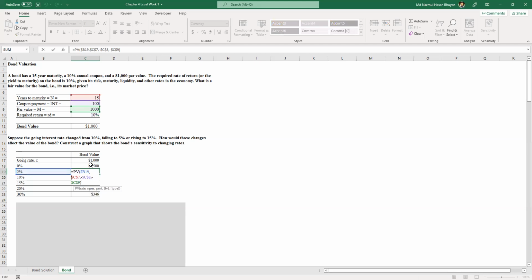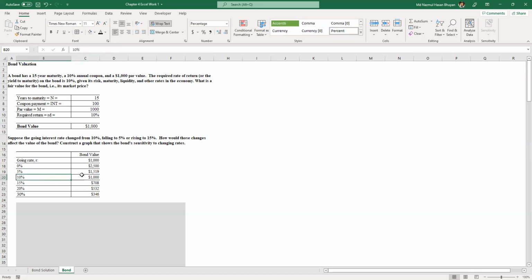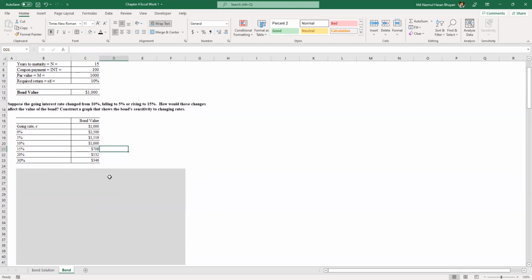In the same way, whenever market interest rate is 5%, then for the same bond, the market price should be 1,519. And then whenever market interest rate is 10%, then the market price of the bond should be $1,000. And then whenever market interest rate is 15%, the bond price should be $708 and so on.